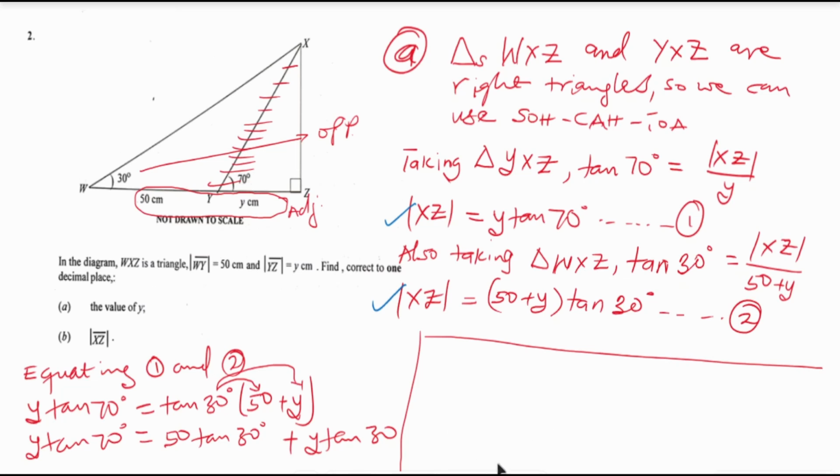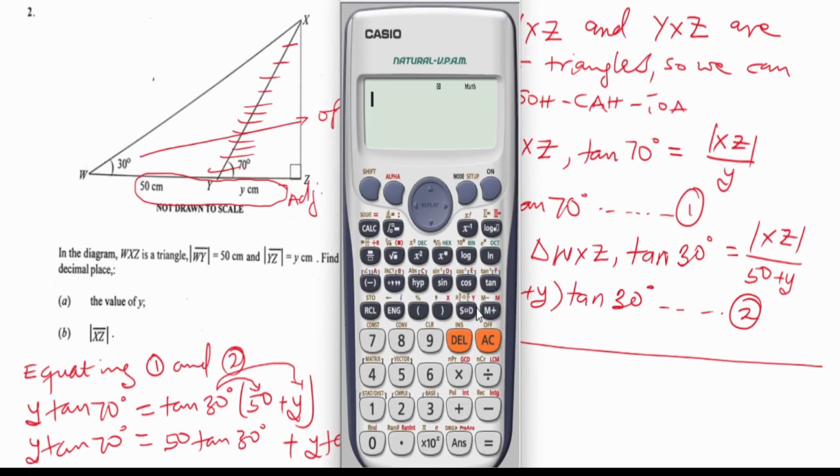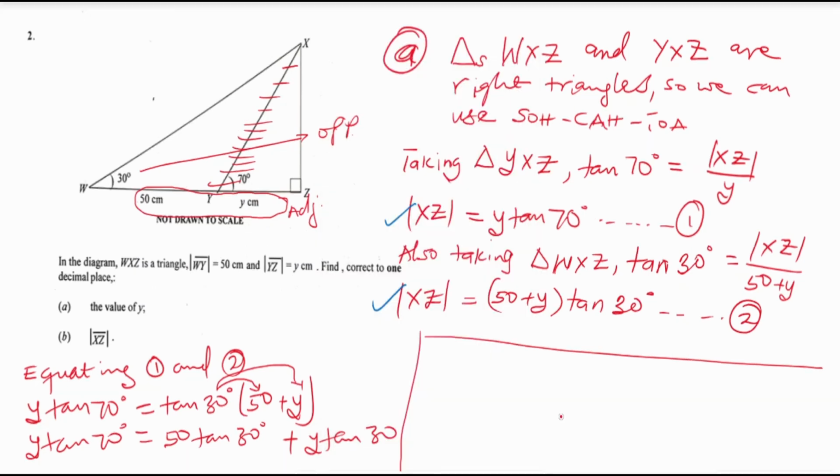Tan 70 is 2.7475. So y times tan 70 will give us 2.7475y.